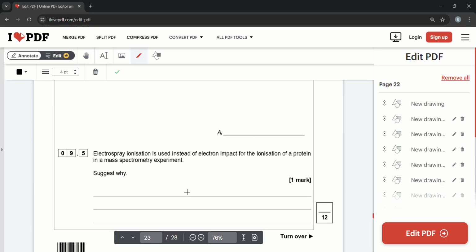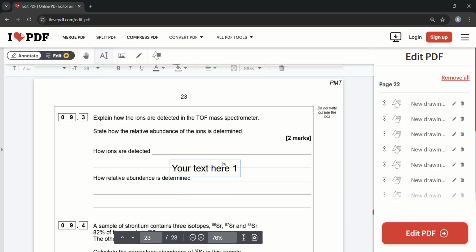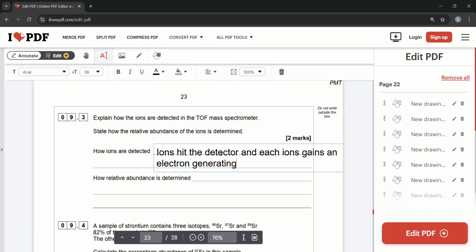Then it says, explain how the ions are detected in a time of flight mass spectrometer. So how are the ions detected? Well, the ions hit the detector, and each ion gains an electron, generating a current. And how is relative abundance determined?